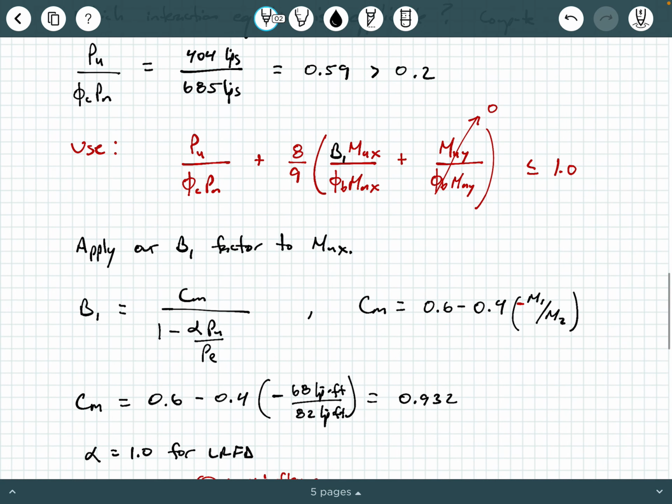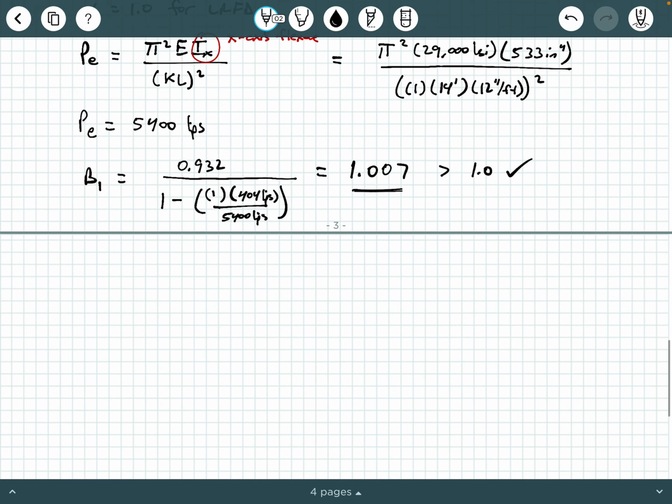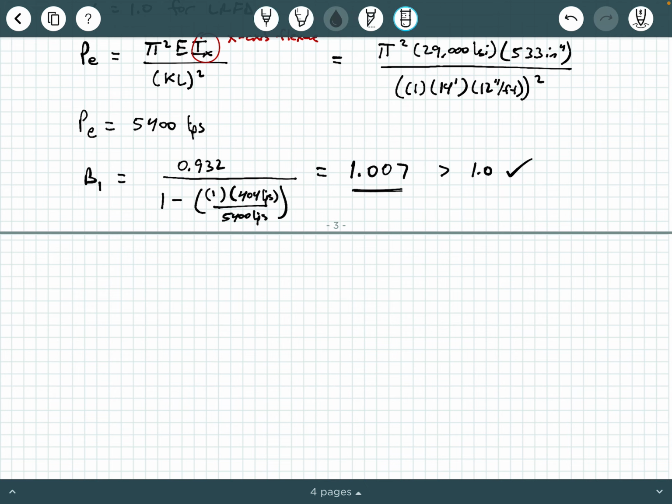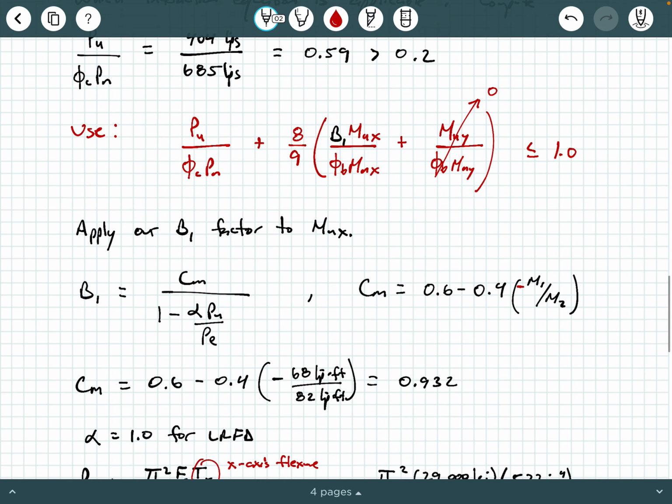We're going to enter into our interaction equation, and we're going to say, let's color coordinate here. I like to rewrite my equations, as you can tell, PU over phi C P N plus 8/9 times B1 MUX over phi B MN must be less than or equal to 1.0, okay?